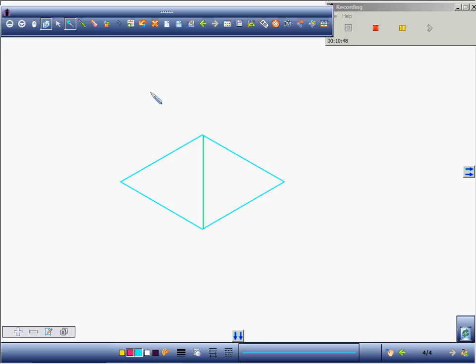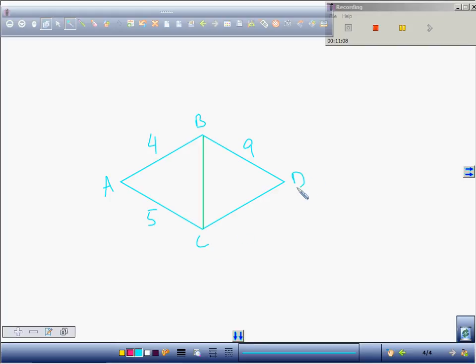So say I tell you, even though this might not be to scale, that this is 4, that's 5, this is 9, and I call this A, B, C, and I call this D over here, and I give you that triangle ABC is similar to triangle CBD.